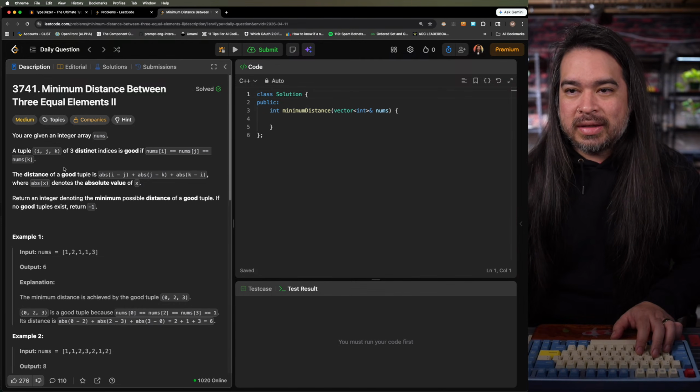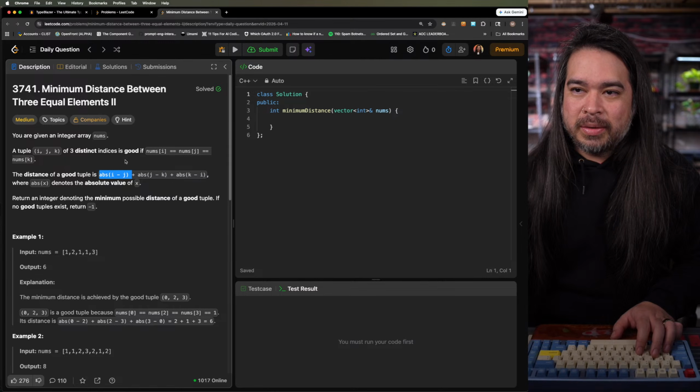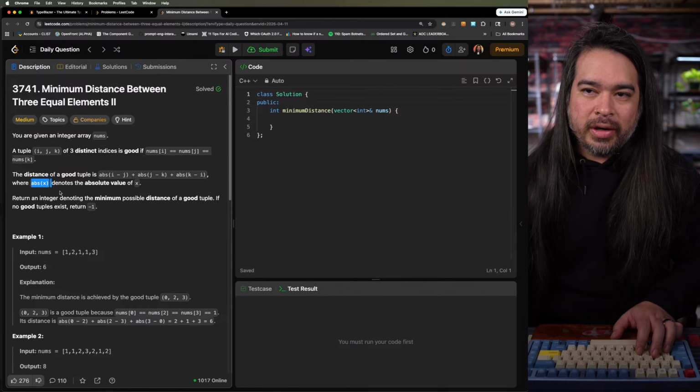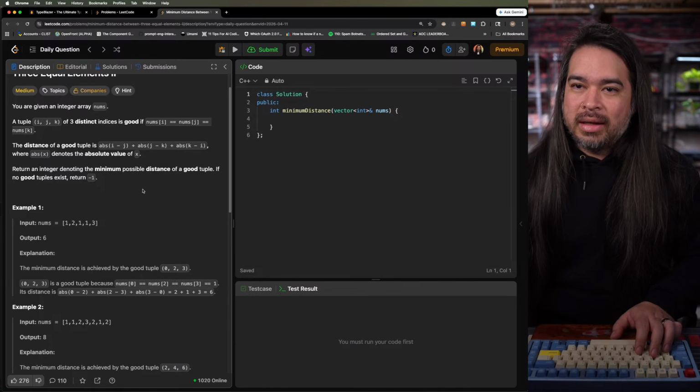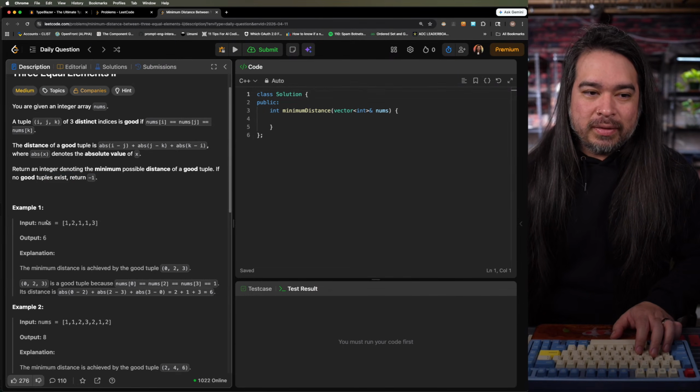The distance of a good tuple is the absolute distance between each of those ij, jk, and ki, where the absolute distance of x denotes the absolute value of x. Return an integer denoting the minimum possible distance of a good tuple. If no good tuple exists, return -1.